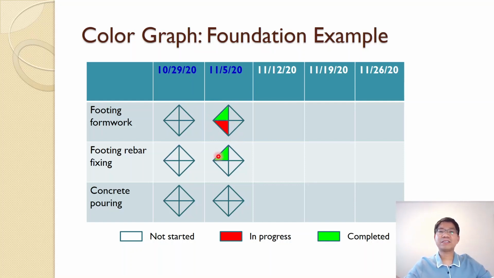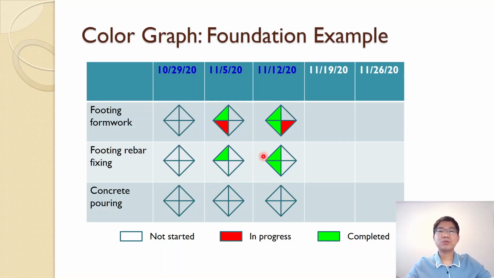And for the rebar, footing rebar fixings, you can see that it is 25% complete. So with our knowledge of scheduling, the color graph is very easy to communicate to anyone with no background in the more complicated methods that we are going to use.